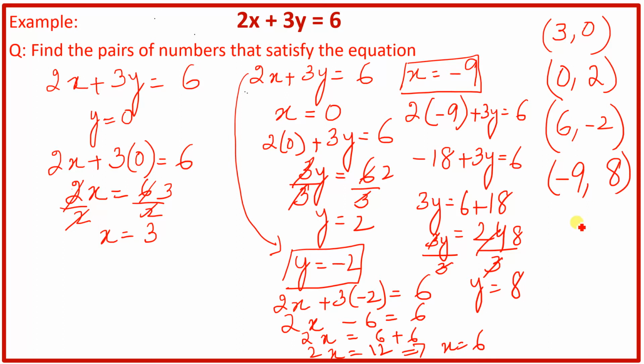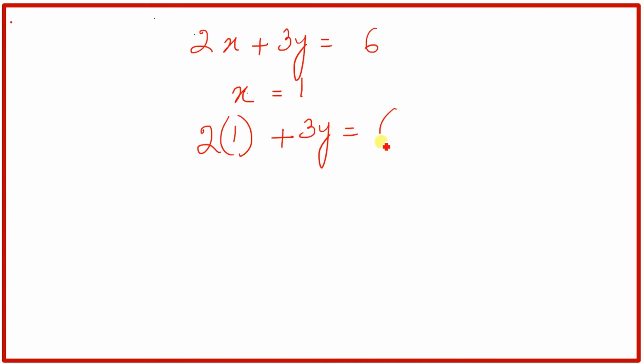If I put x is equal to 1 in 2x plus 3y is equal to 6, instead of x we write 1, so 2 plus 3y is equal to 6.